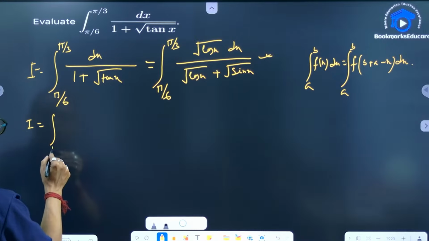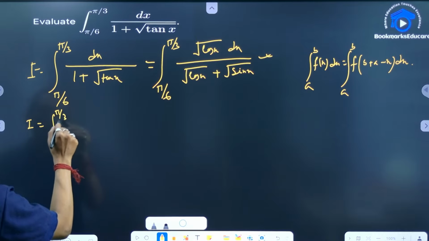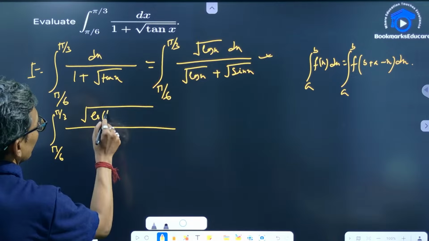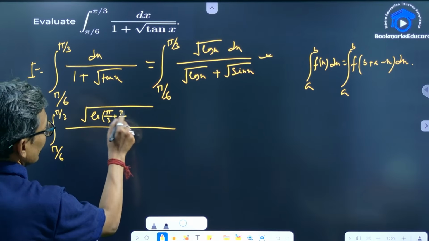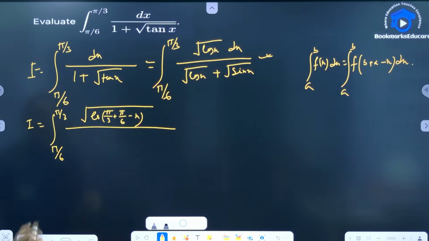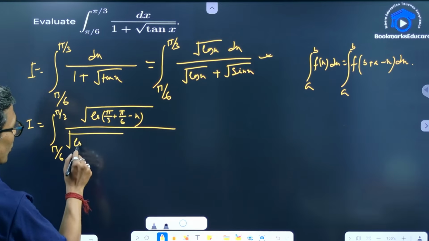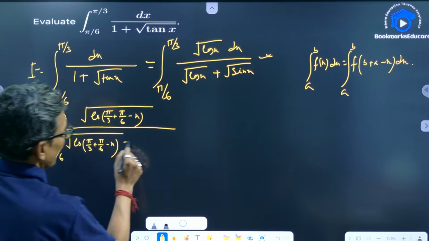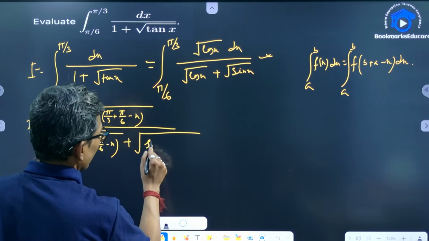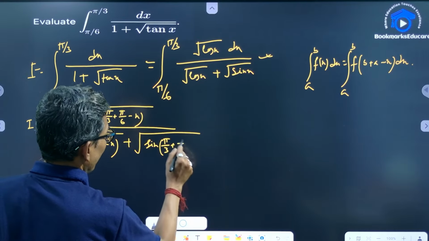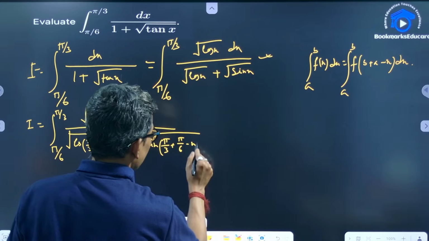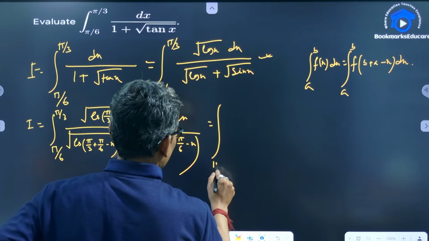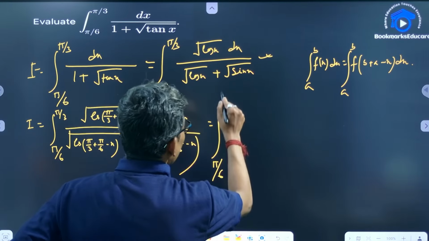So integral pi by 6 to pi by 3 of root over of cos of pi by 3 plus pi by 6 minus x, by root over of cos of pi by 3 plus pi by 6 minus x plus root over of sine of pi by 3 plus pi by 6 minus x, dx.